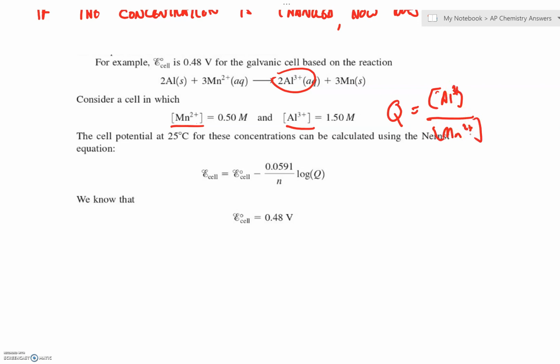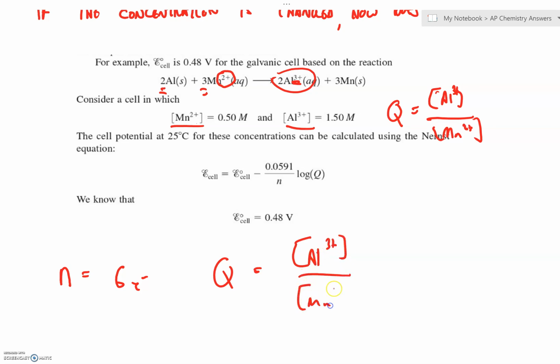Now, the only thing that you have to be careful of is you've got 3 magnesiums, which are absorbing 2 electrons each, and 2 aluminums, which are each donating 3 electrons. So we want to be careful how many electrons are being transferred. So in this case, we know that n is going to be 6 electrons, and Q is going to equal the concentration of aluminum 3 plus over manganese 2 plus. All right.